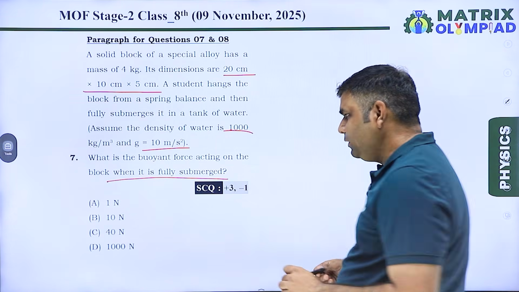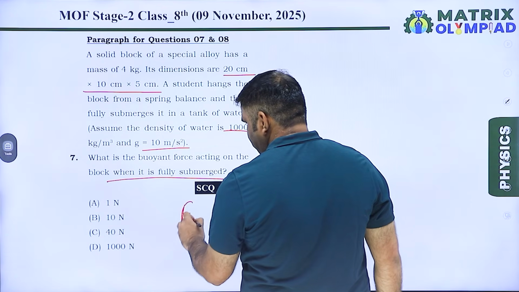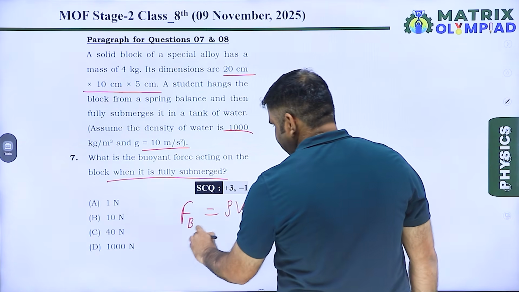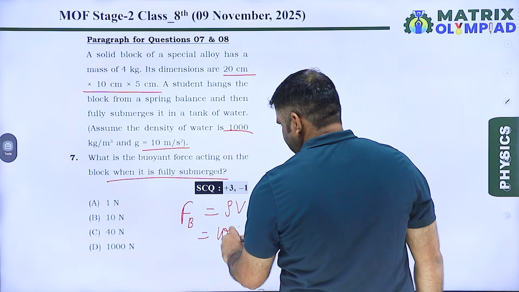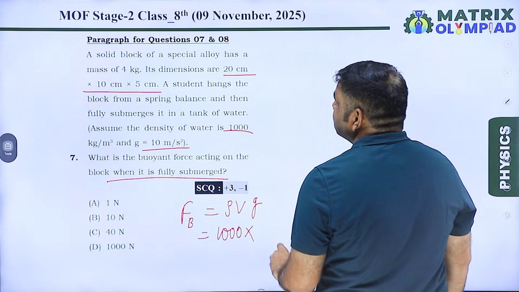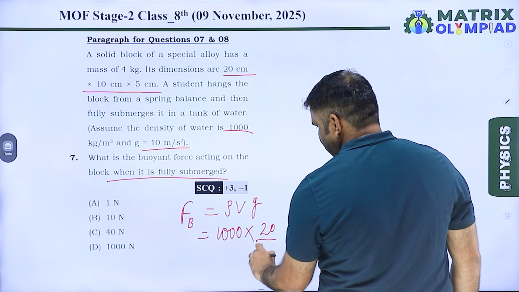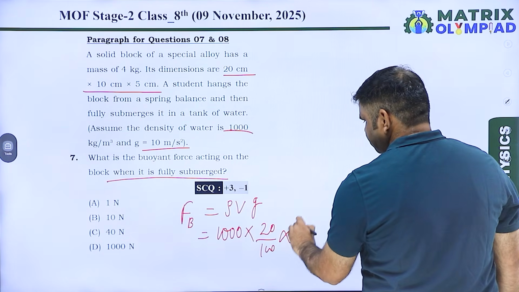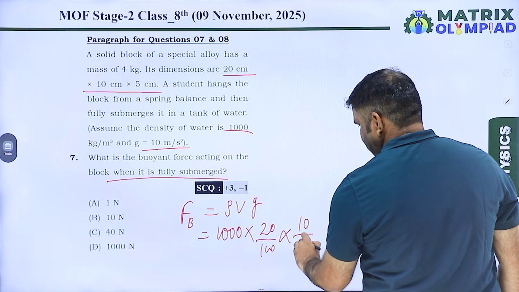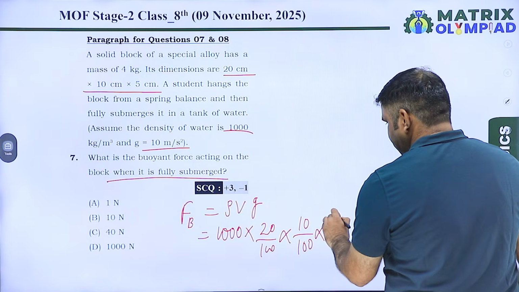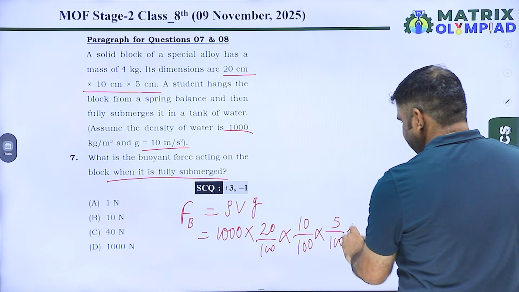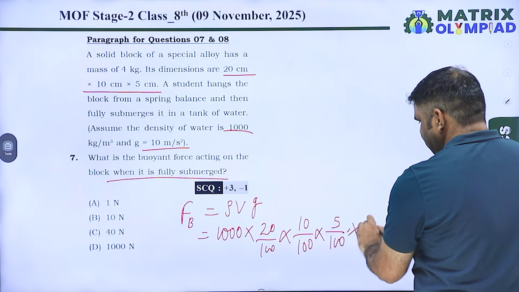So student, we know that the formula of buoyant force is rho V g. So rho is 1000 and V is 20 divided by 100, because we have to convert centimeter into meter, 10 and 5, rho V and g is 10.